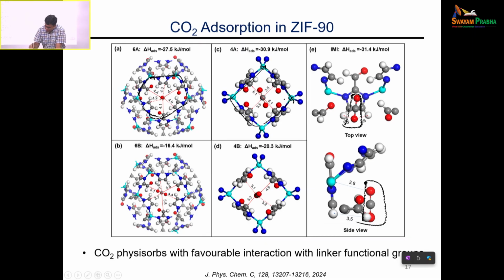Both have a going-into-the-cage kind of orientation and some sort of parallel orientation. The energy does not change a lot, but there is a change. The highest that we have here is around 31 and the lowest is 16. All of this is physisorption; that is the amount of change we can anticipate, not more than this.